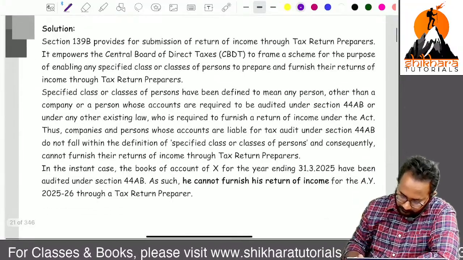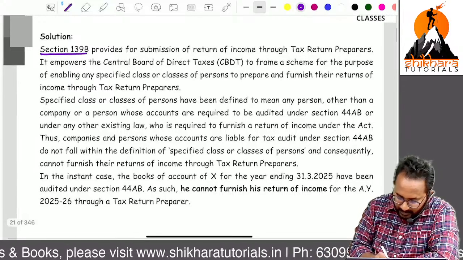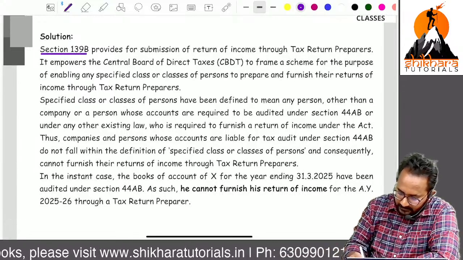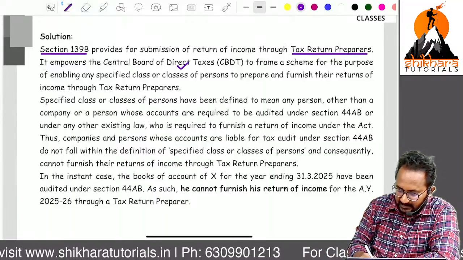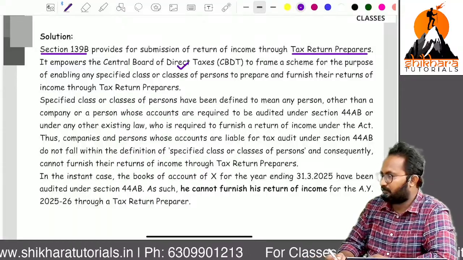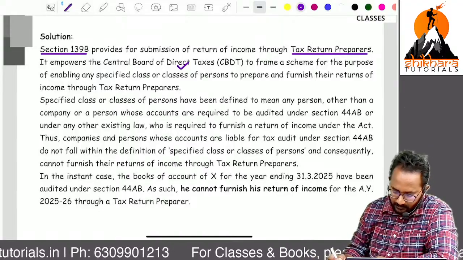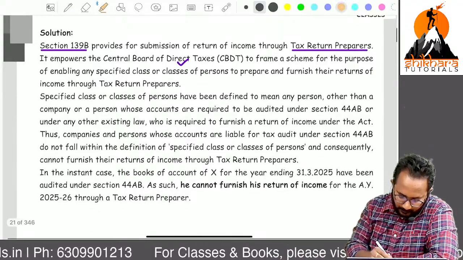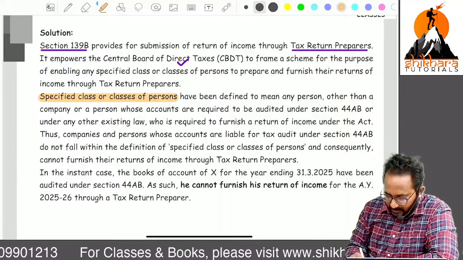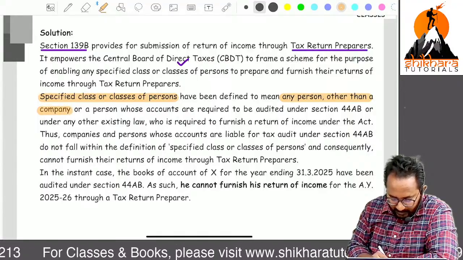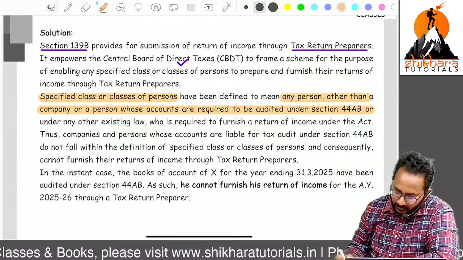So now you can see this line. Section 139B gives the concept of tax return preparers, and the guidelines are given by CBDT. But who can give the training? Central government. So now, specified class of persons is defined to mean any person other than the company and the person whose accounts are required to be audited under section 44AB.